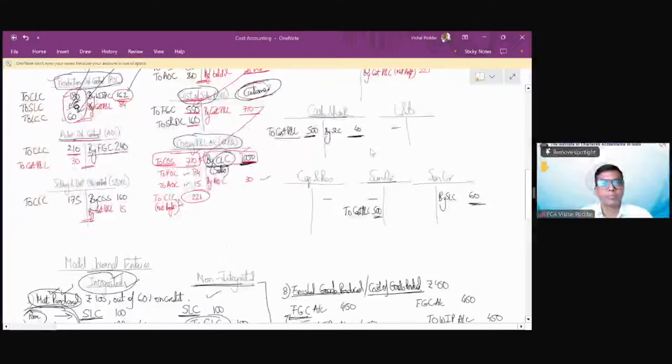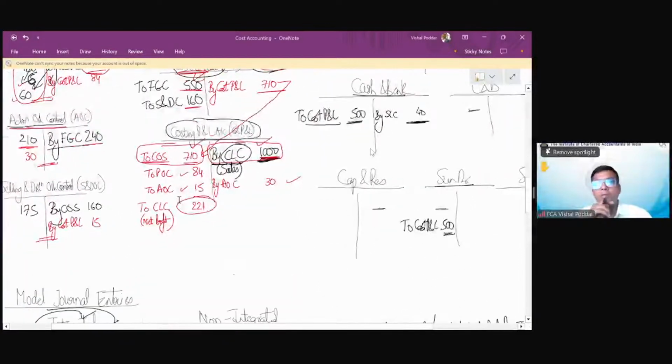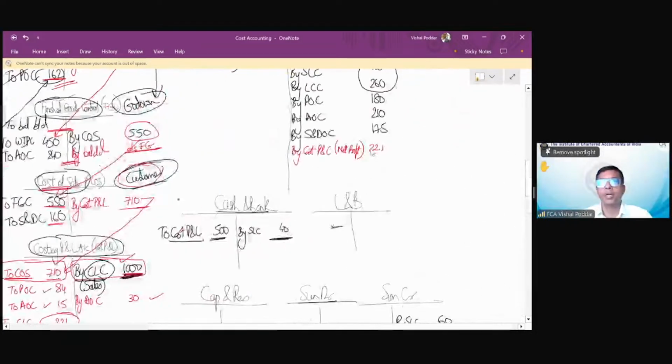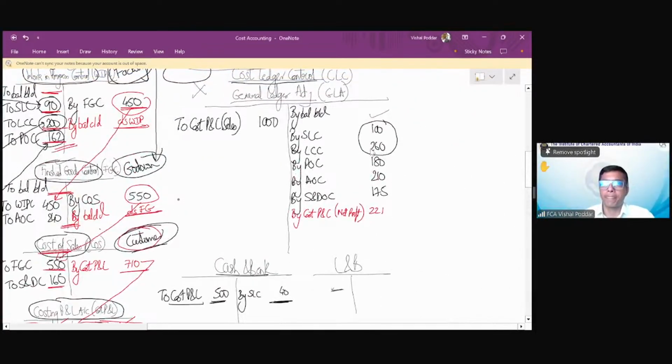Okay. So see students, where we have reached: our P&L is also closed and the difference representing net profit is transferred to my CLC. You had an opening balance in this representing the net balance of all assets and liabilities. Now you'll also have the closing balance of this, which will again represent the net assets and liabilities balance, and that will be carried forward.